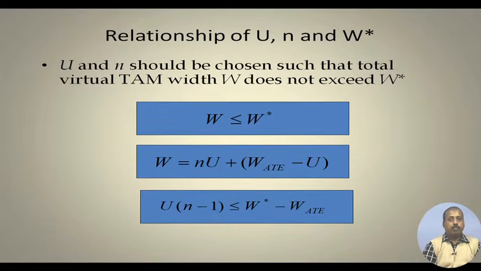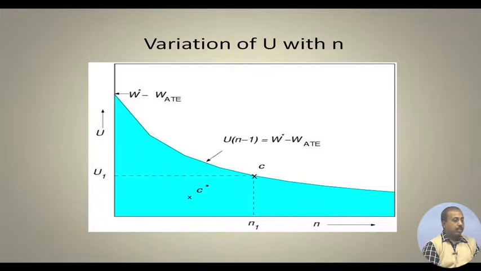Maybe the ATE is providing a number of high speed channels, but we may not be able to use all of them. So, that is possible. We can use some as low speed channels, and the remaining ones we use as high speed channels.